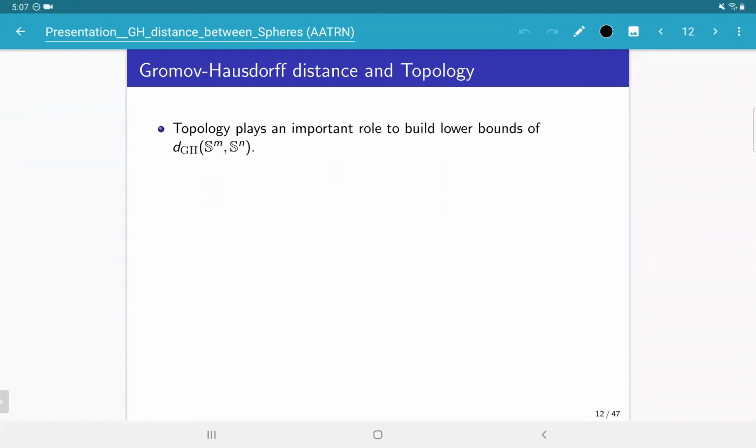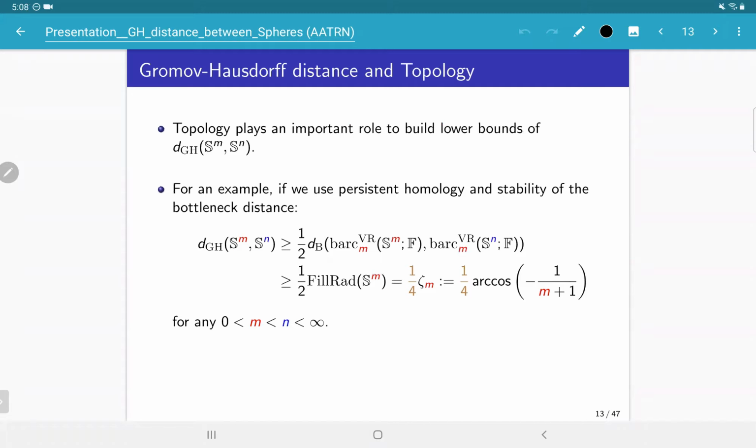One thing I want to emphasize in this project is that to compute the lower bounds of the Gromov-Hausdorff distance between m sphere and n sphere, topology plays an important role, while computing upper bounds is mostly related to geometry. And here is an example. If we use persistent homology and the stability of the bottleneck distance, we have this inequality.